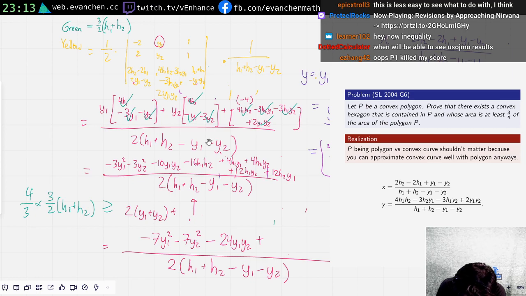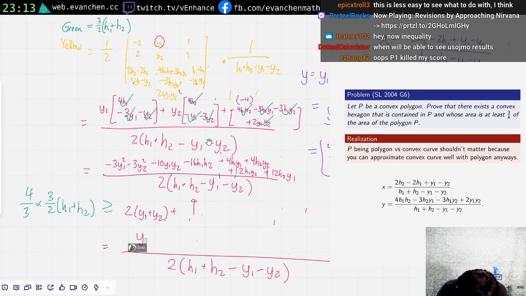I think I flipped a sign. I think I did like an area that was... I read it clockwise, so everything is flipped. This is a negative area. So I really want it to be the positive one. So I should be subtracting everything from here, and that will make things a little better.